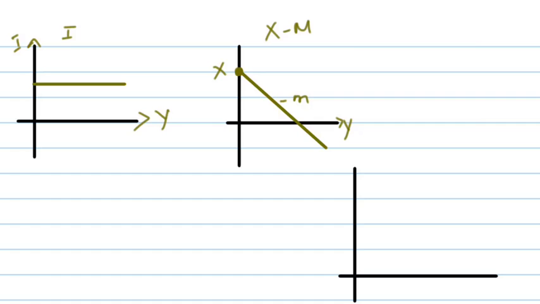This over here is Y, this over here is X minus M. And if I add these two to make the final I plus X minus M function, the vertical intercept will be a bit higher with I plus X. The gradient will remain the same, minus m.